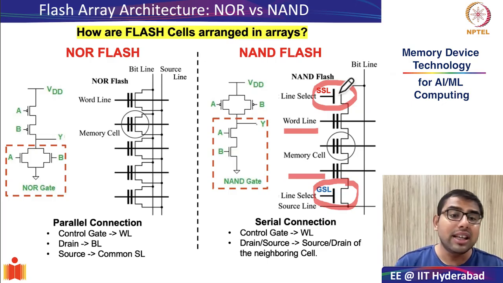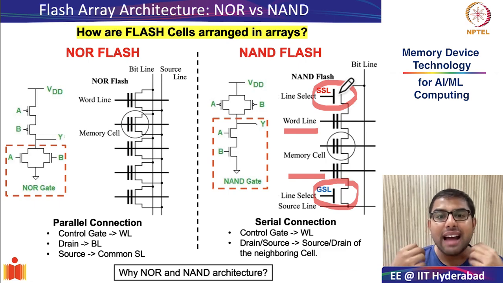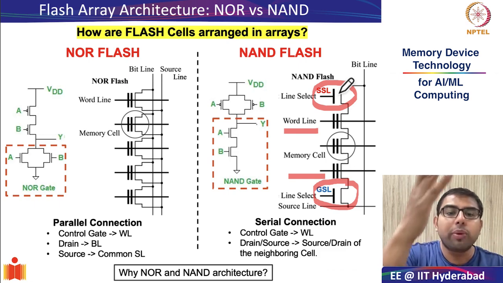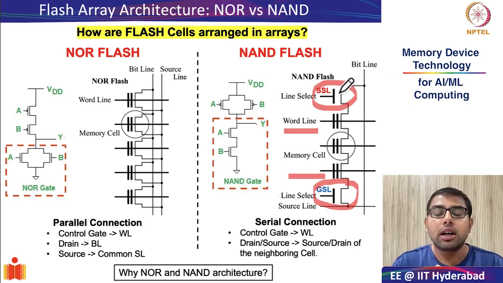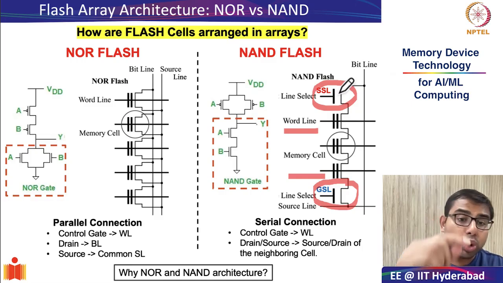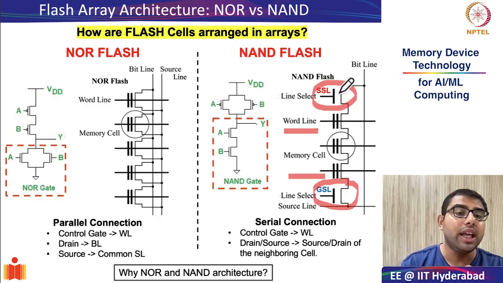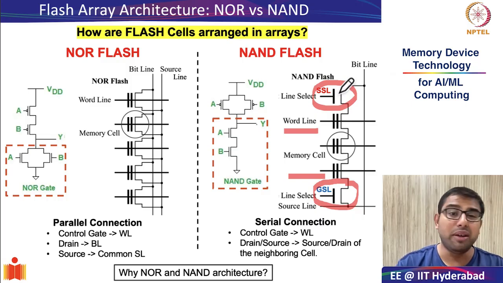Okay, with this, we understand that the NOR flash cell has a more parallel architecture, whereas the NAND flash cell has a more sequential or serial architecture, where the cells are connected with each other. The source of one is connected to the drain of the other. Okay. So a natural question that will come to our minds is, why is this NOR and NAND architecture implemented?